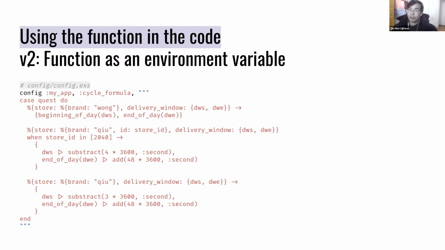In version 2, we extracted those functions into configurable environment variables. We configure our app with the key cycle formula, and this can be a string, because if it is a string, we can inject it from the system variables. So that can be configured outside of the application.